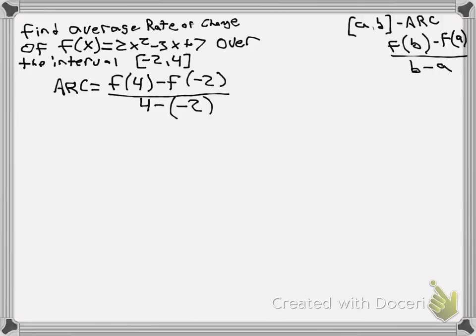So go into calculate. I got to hit second function, trace. And see number 1 there, value? Click on it, or I'll just hit number 1. Look what it's done.